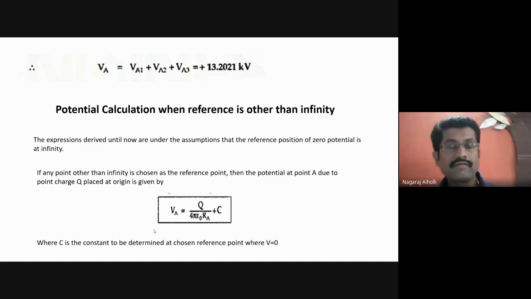Similarly, for any other reference point, we consider the potential there as 0 volts, calculate the value of C, and substitute it in VA is equal to Q by 4 pi epsilon naught RA plus C. Then we'll get the potential at point A. Clear here?